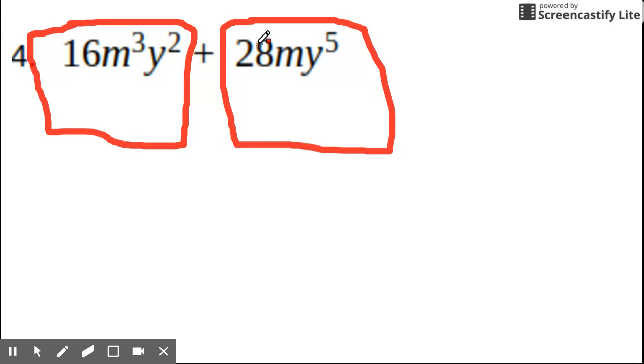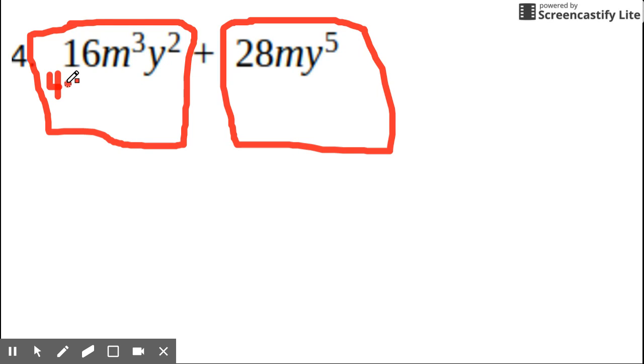What number can multiply and give you 16, and that same number can multiply and give you 28? Think about it. Well, you got 4. 4 times 4 gives you 16, and 4 times 7 gives you 28. So the answer is 4.